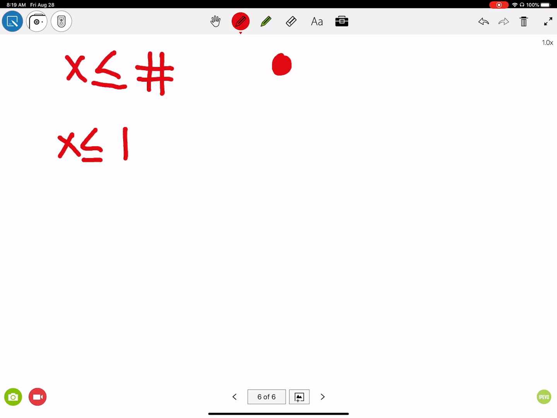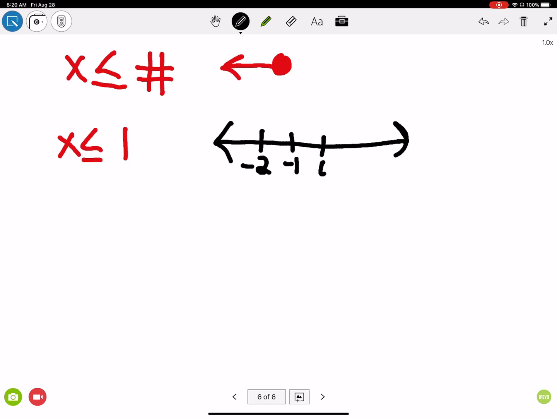And if I want to be less than 1, I have to go in which direction? Good, to the left. So if I do this, let's go -2, -1, 0, 1, 2. I want to show that x is less than or equal to 1. So I'm going to put a circle around 1 and I'm going to fill it in.